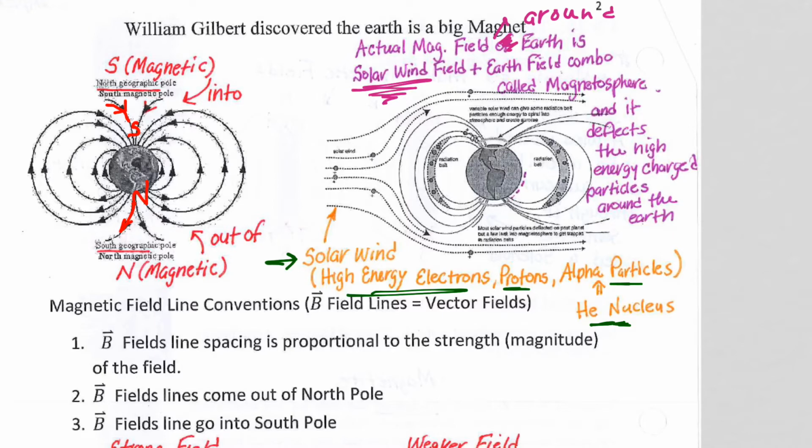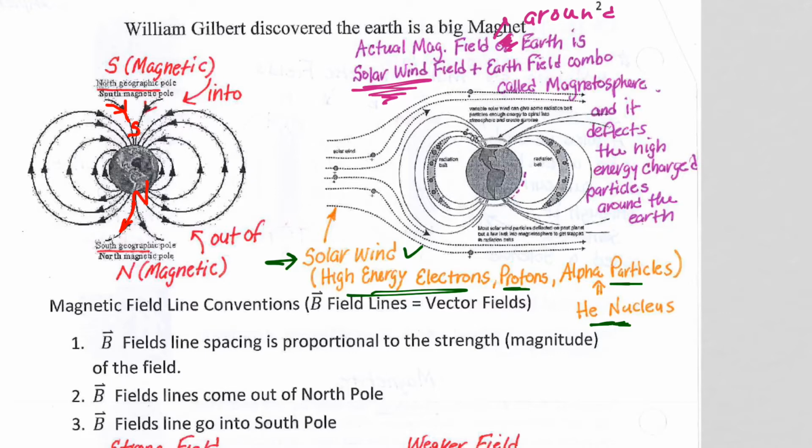So it's a complicated overall scenario that's going on here, because the charged particles themselves from the solar wind make magnetic field that combines to have a net magnetic field. Remember, fields are vector quantities, so we have to do a vector addition of all the field lines to get the net magnetic field. But the overall effect that we see in the field around the Earth is that you get this tail in the magnetic field.